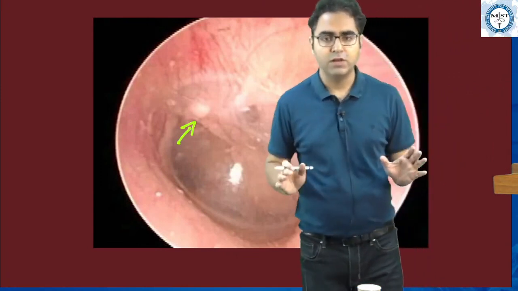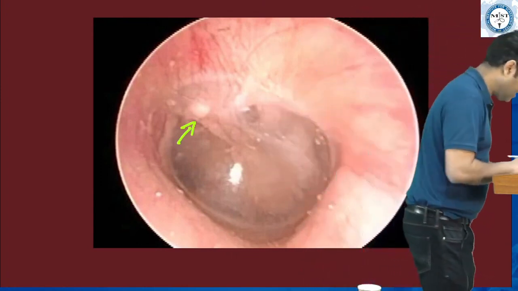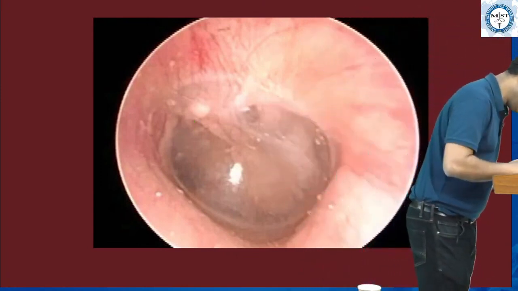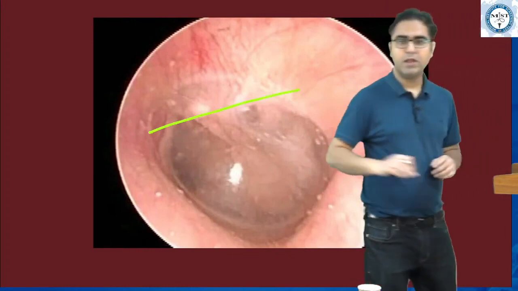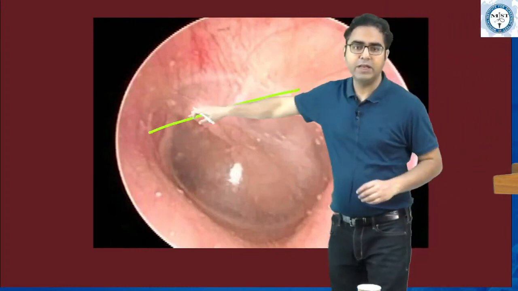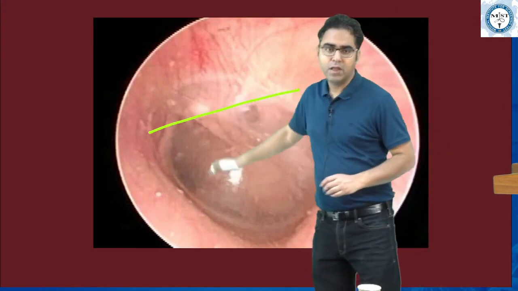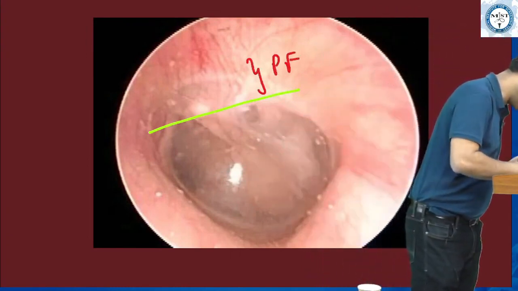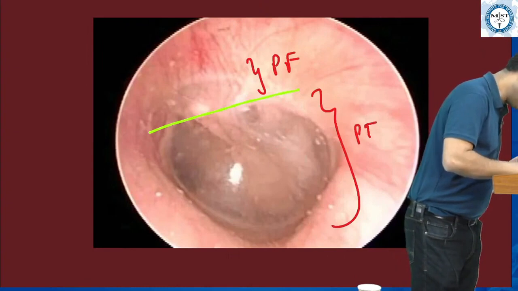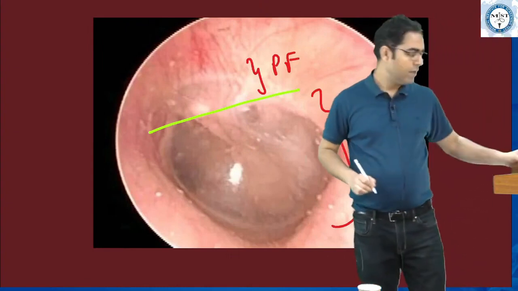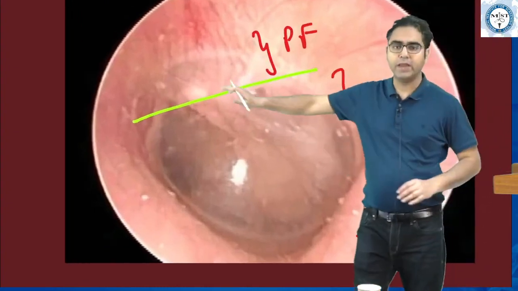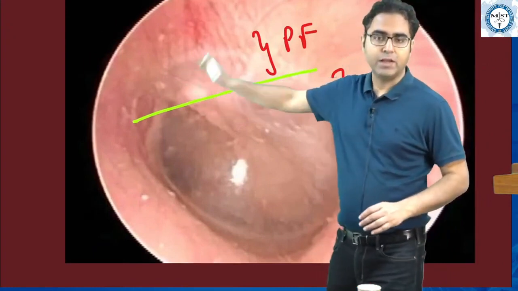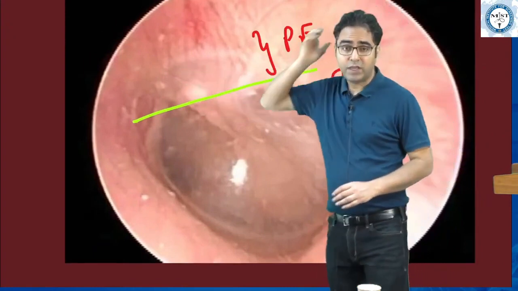Let us draw a line at the level of the lateral process of malleus. Above this line is pars flaccida. Below this line is pars tensa. Can you see a small triangular area? This is a weaker area, pars flaccida.